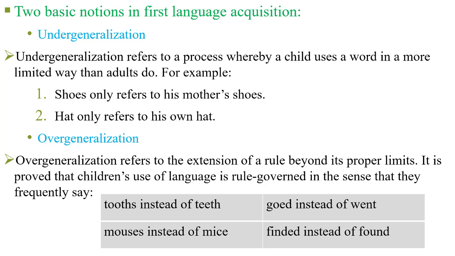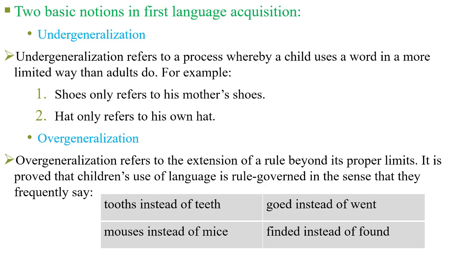Overgeneralization refers to the extension of a rule beyond its proper limits. It is proved that children's use of language is rule governed, in the sense that they frequently say tooths instead of teeth, mouses instead of mice, goed instead of went, finded instead of found.